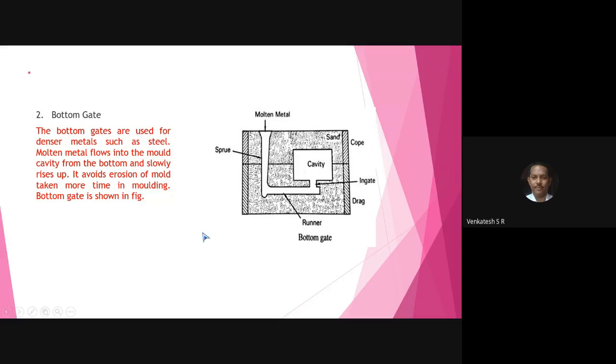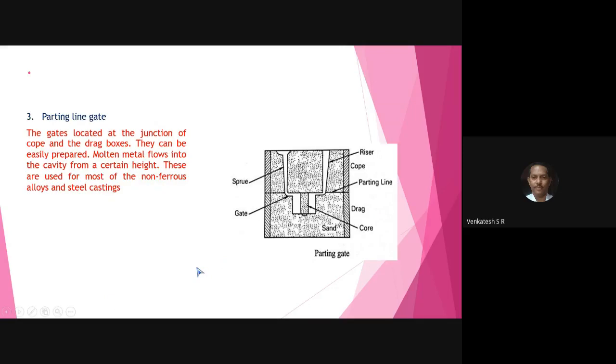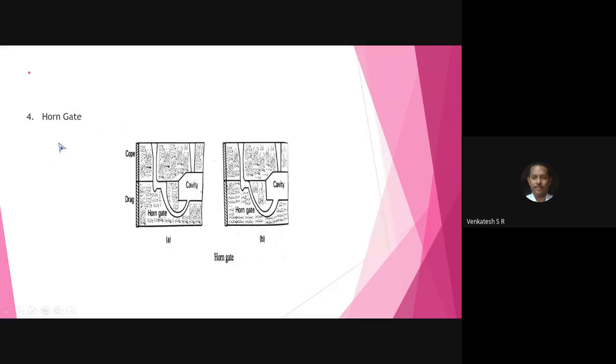Next, number 3, parting line gate. Number 4, horn gate.